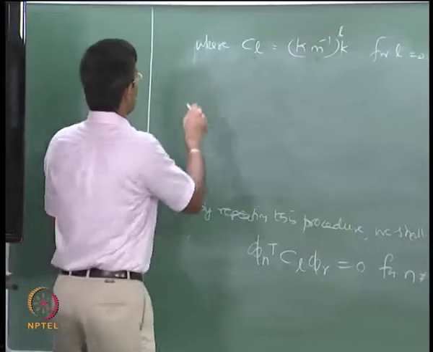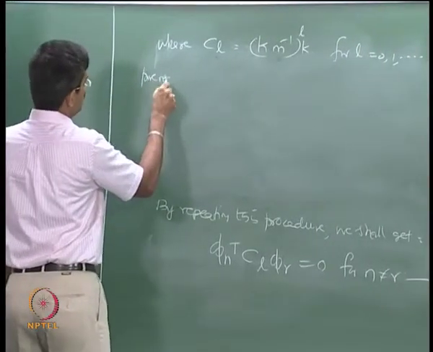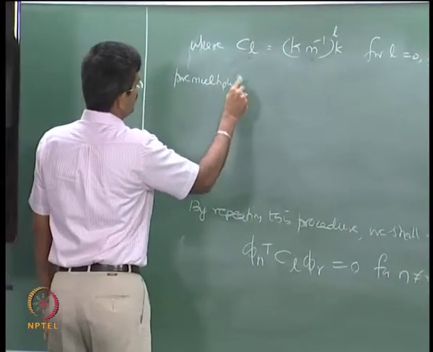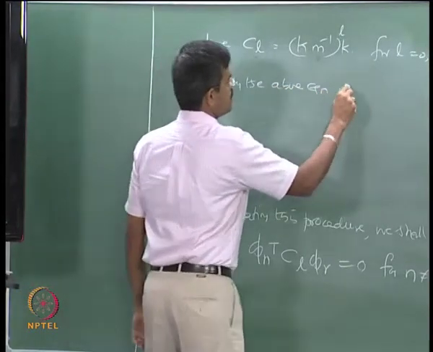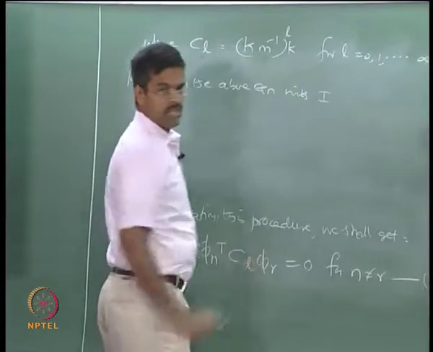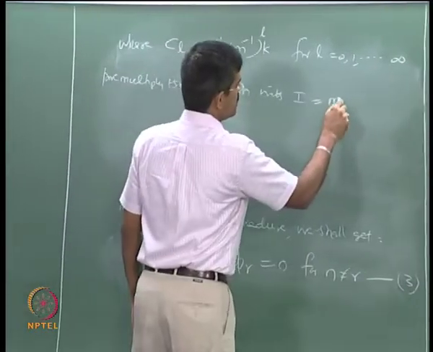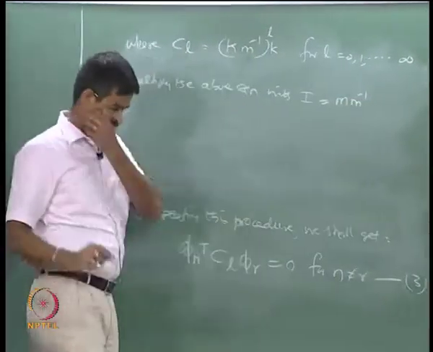Now, I pre-multiply the above equation with an identity matrix, which is m inverse.